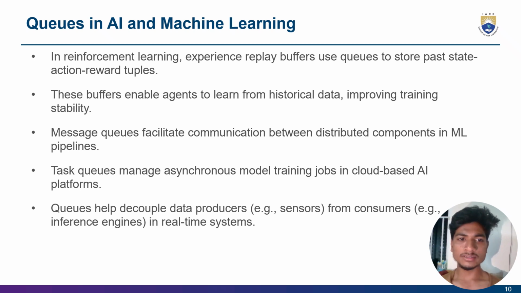Task queues manage asynchronous model training jobs in cloud-based AI. Queues help decouple data producers, for example sensors, from consumers, for example inference engines, in real-time systems.